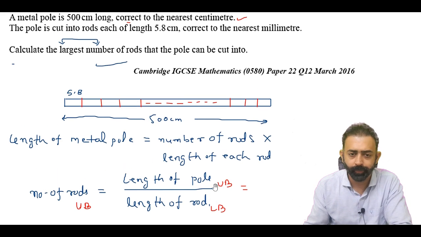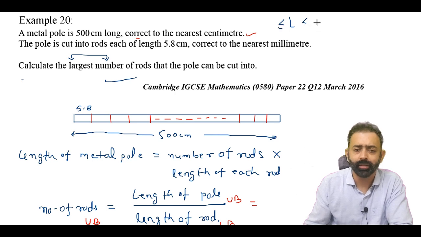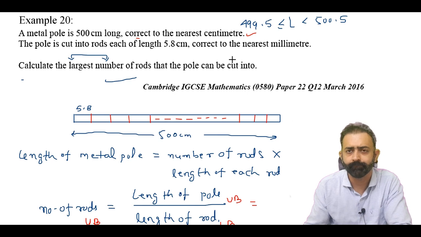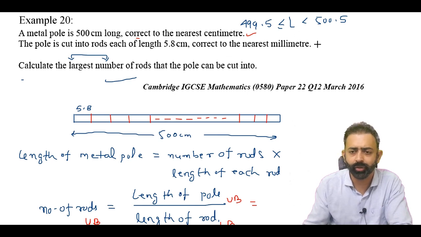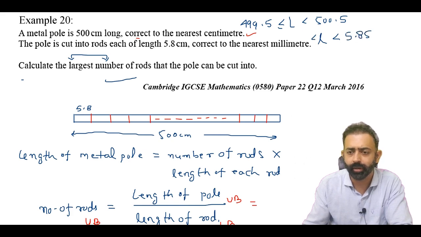Now here, if I can use the space, the length of the pole, 500, I am denoting by capital L. So with an inequality, this is between 499.5 and 500.5. And the length of the rod, denoted by small letter, is correct to the nearest millimeter, so it will be between 5.75 and 5.85.